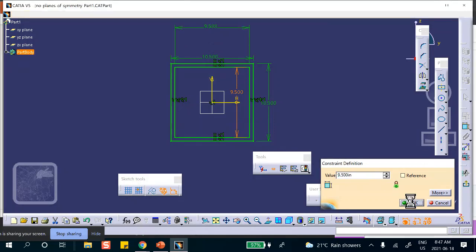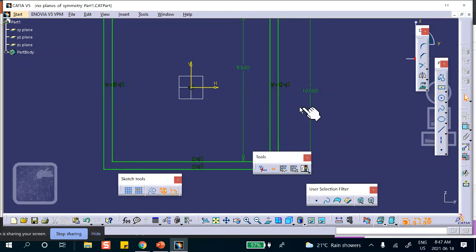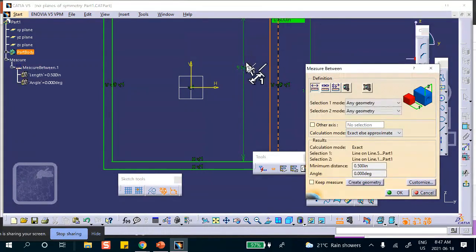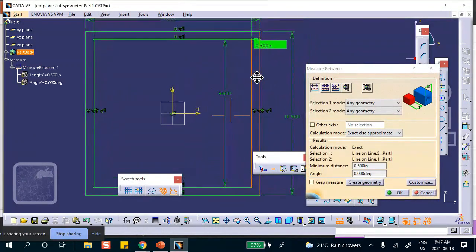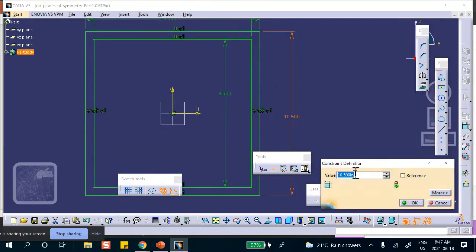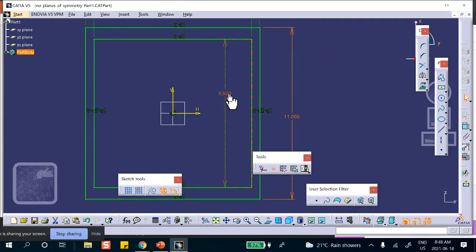9.5. I'm hoping the distance between this and this is 1, so let's measure it. Distance between this and this better be 1. Oh, sorry. So these are not right. This should be 11. The other one should be 9. 11. Yeah.